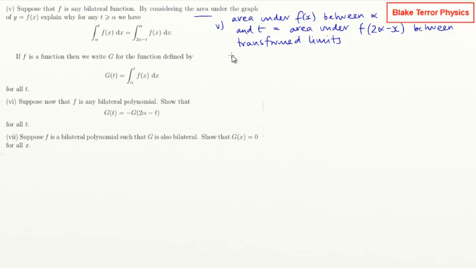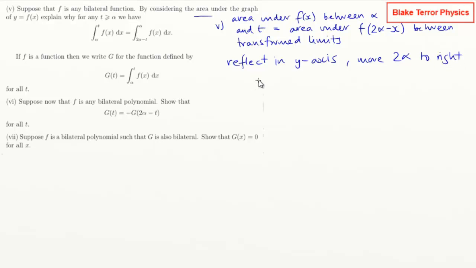So what are we doing on this then? What is the transformation? We're reflecting in the y-axis, because we've got a minus x, and then we move 2 alpha to the right.